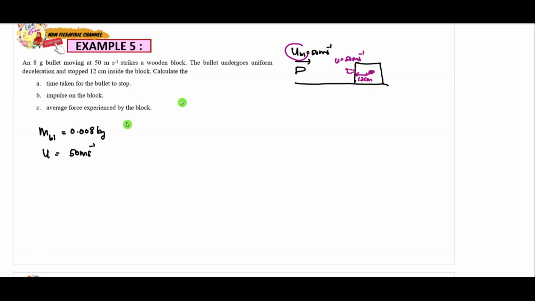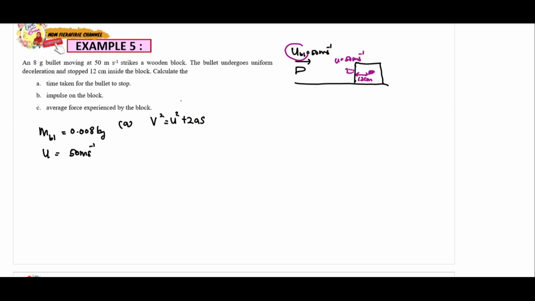Okay, so now we want to calculate what is the time taken for the bullet to stop. So yeah, we can use the linear motion equation, but we don't have the deceleration. So in this case, we have two methods to solve. The first one, you can use this equation, v squared equal to u squared plus 2as.